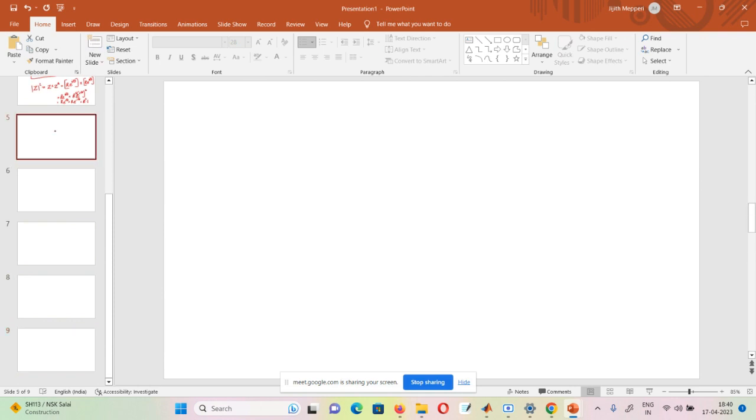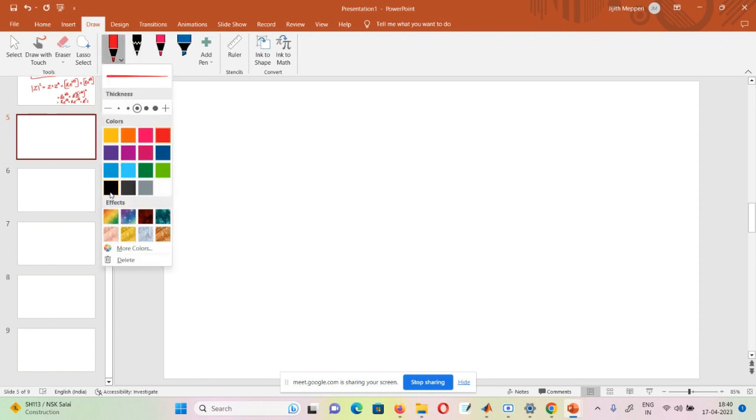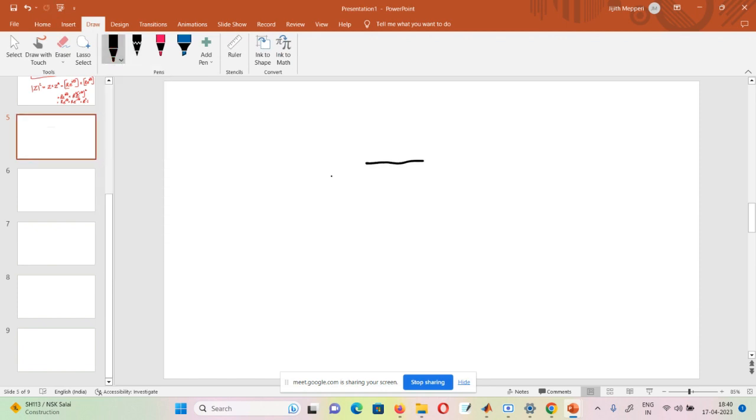In optical coherence tomography, how are you going to create your image? There will be a beam splitter. There will be a source, and from there the light will pass to your beam splitter.